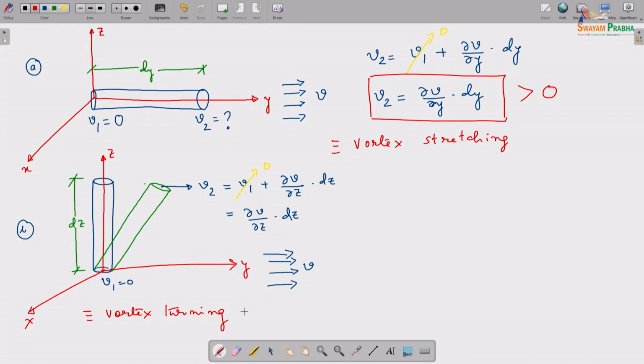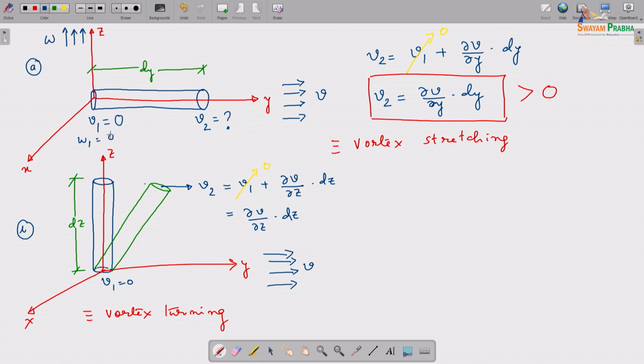For example, what would be, say, w1, which is the velocity. So, if I am going to consider velocity in the z direction, this is for A that I am talking about. If I am going to consider velocity in this direction, which is, say, w, and here of course, w1 is 0. Let us just say w1 is 0.